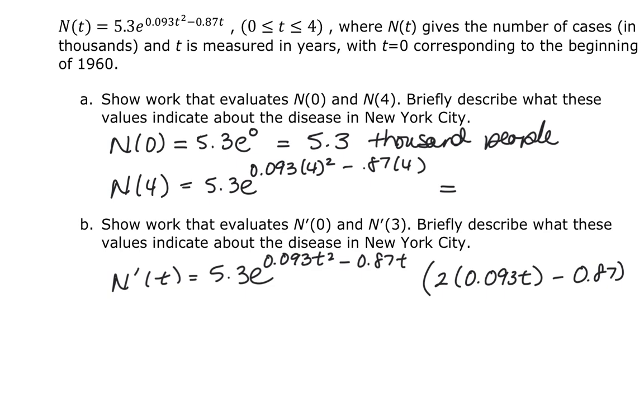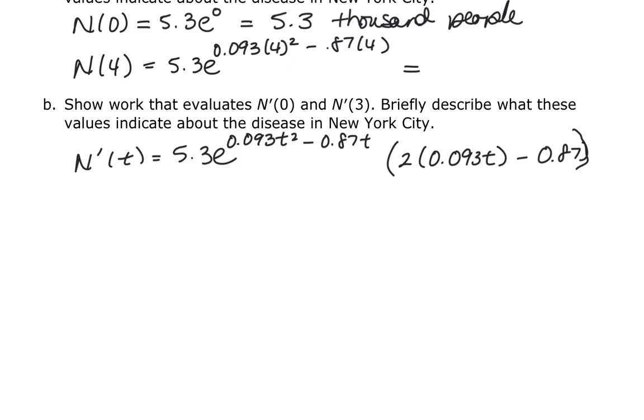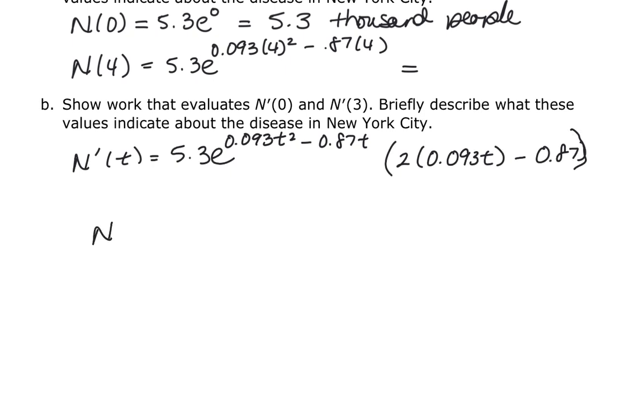So it's the derivative of the exponent. And that tells me n prime of 0 is equal to 5.3 e raised to the 0, and then we're going to have multiplied by 2 multiplied by 0 minus 0.87.